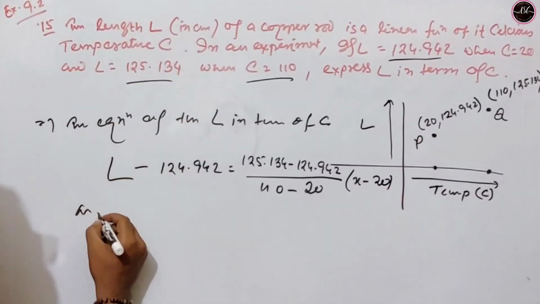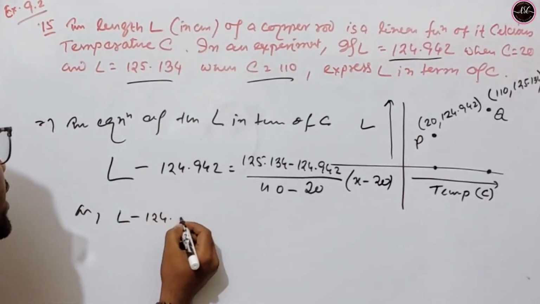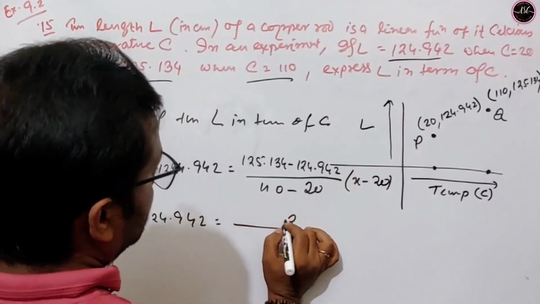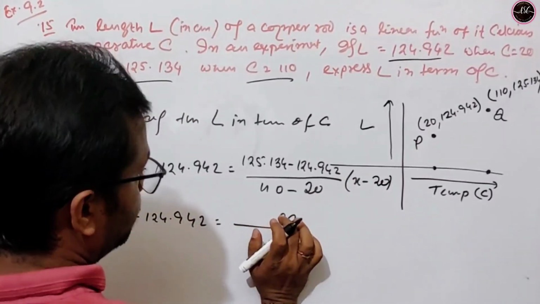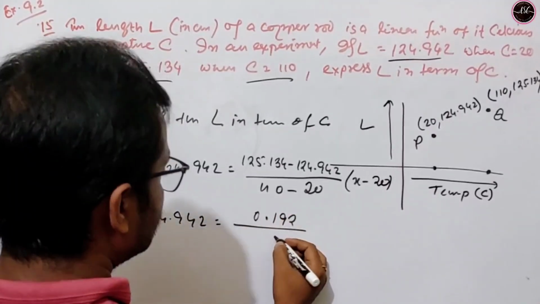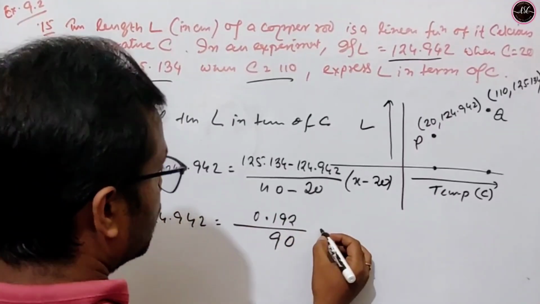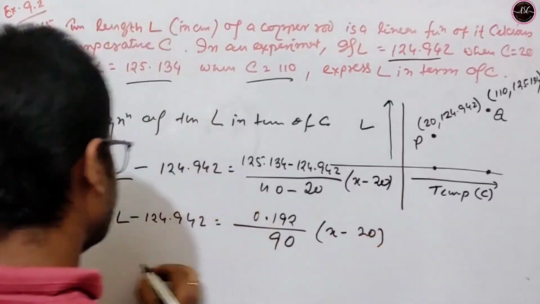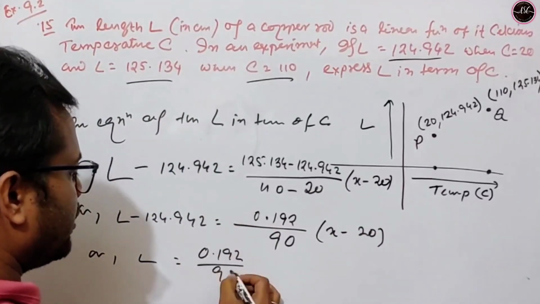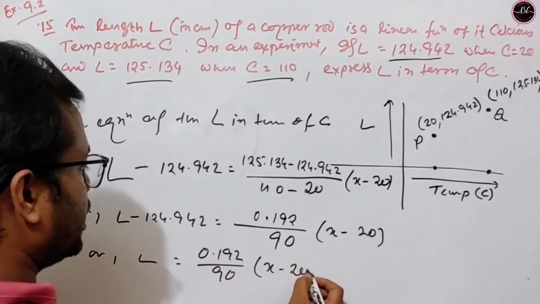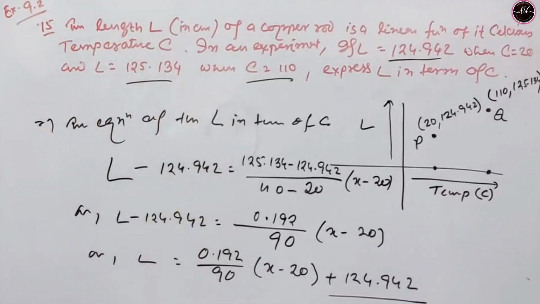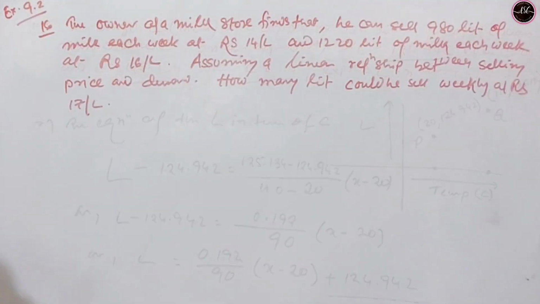Or L minus 124.942 equal to 0.192 divided by 90 into x minus 20, or L equal to 0.192 divided by 90 into x minus 20 plus 124.942. This is the expression. Okay, then look at this question.